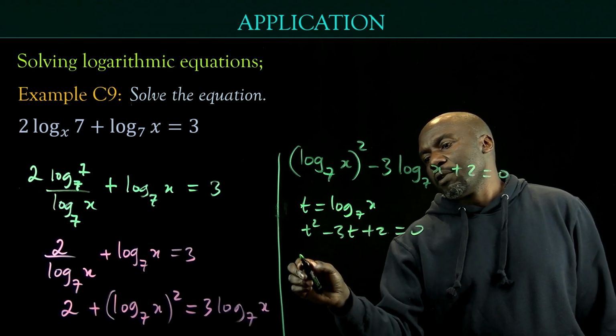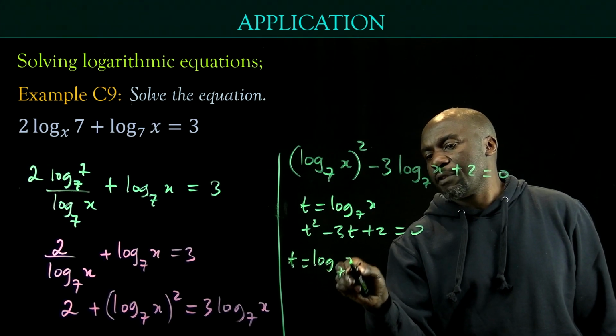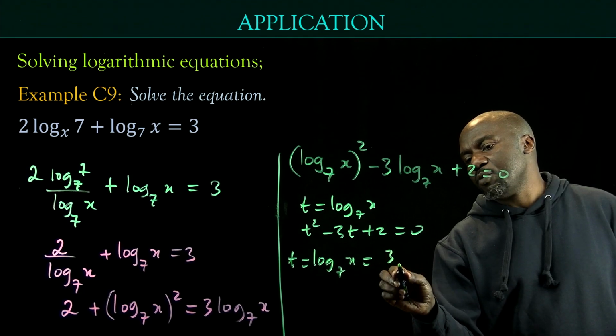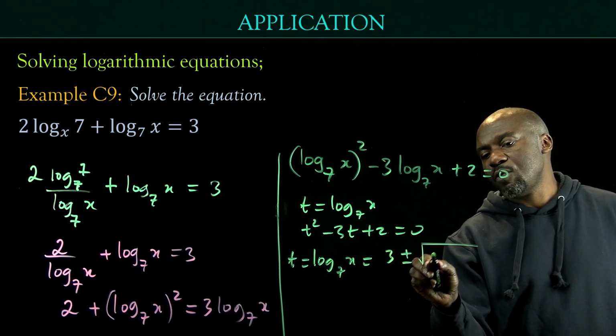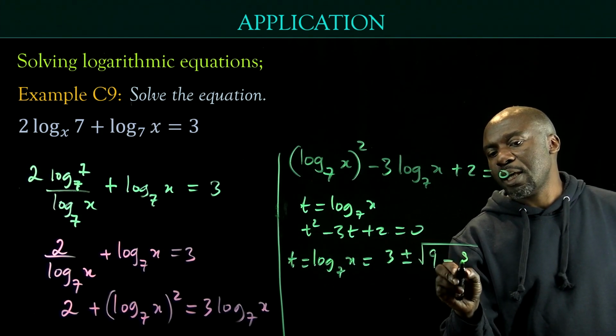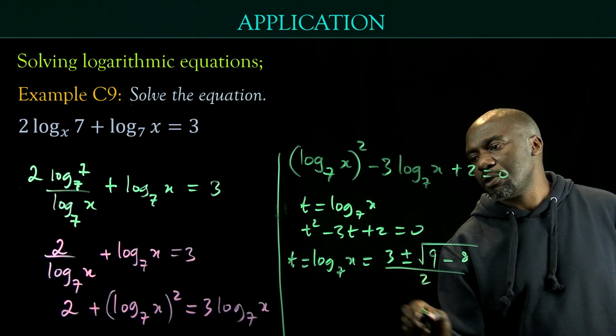Okay, so I can say that t, which is log base 7 of x, must be, using the quadratic formula, minus b, which is 3, plus or minus the square root of b squared, which is 9, minus 4 times a times c, which is 8 there, everything divided by 2a, which is just 2.